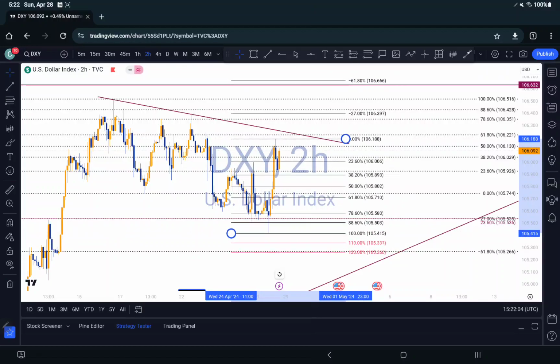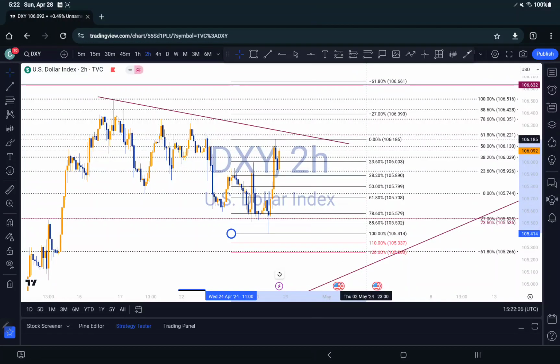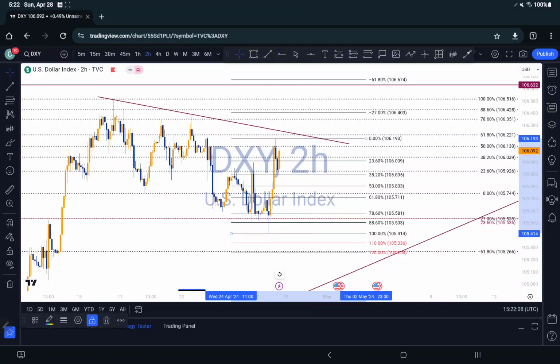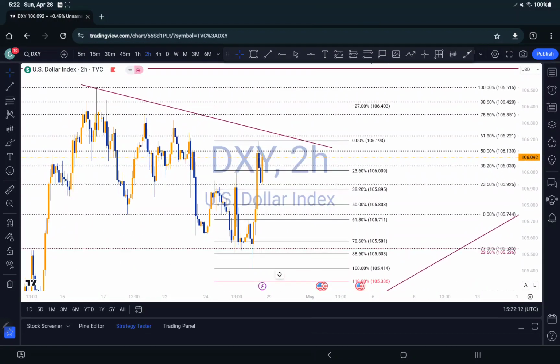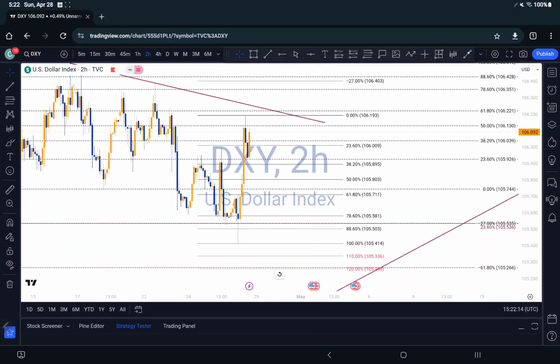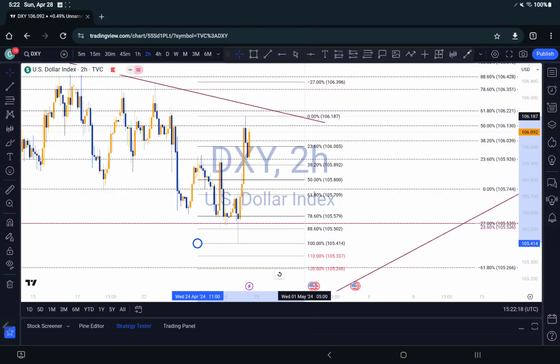So there is a mini fib from point A to point B, right? Now let's see how the market will play. Let me adjust it a little bit more. Let's see.